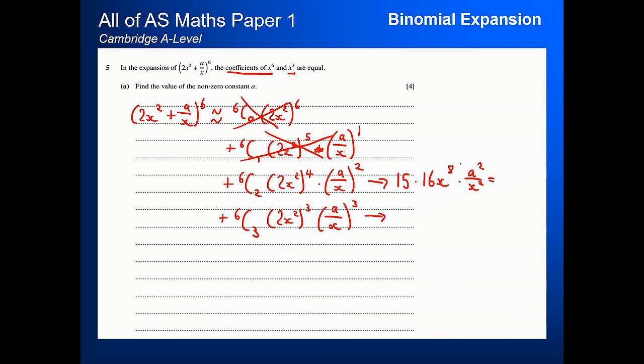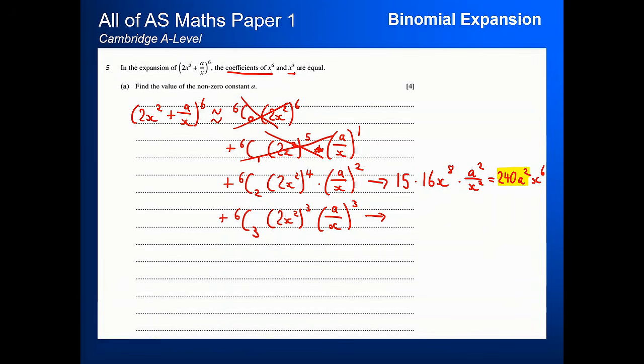So we get 16 times 15, which is 240, so we get 240 a squared. The x to the power of 8 divided by x squared gives us x to the power of 6. So we're going to focus on that coefficient, which is the number in front of the x to the power of 6.